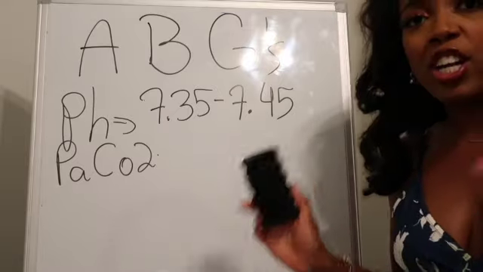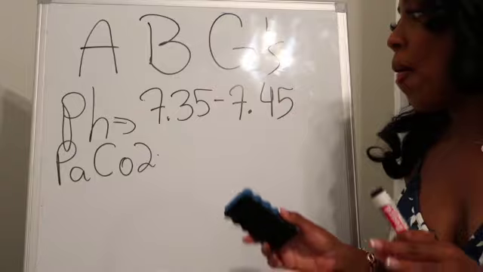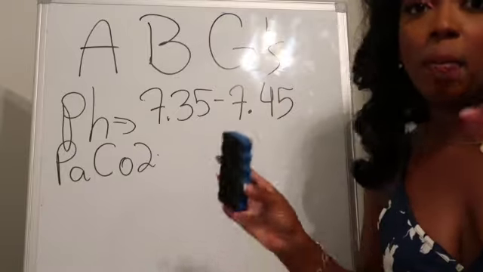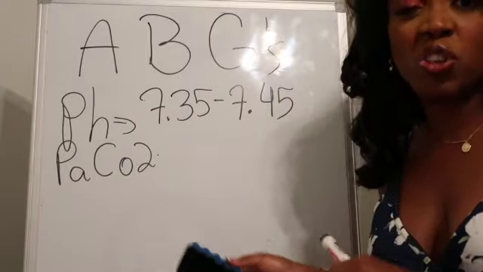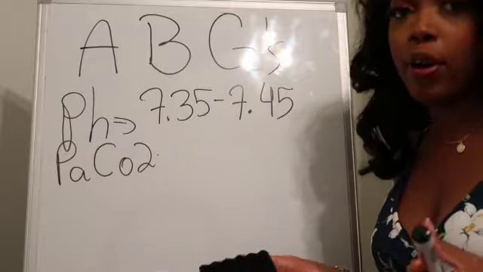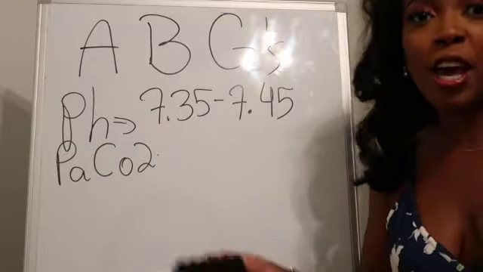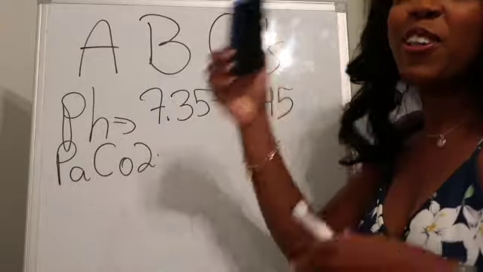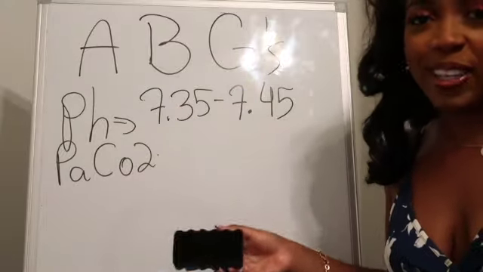There are certain things in nursing school that you have to know that always go together, so if you see one, you'll see another. For example, you see salt, you think of pepper. You see rice, you think of beans, for my Caribbean people out there.